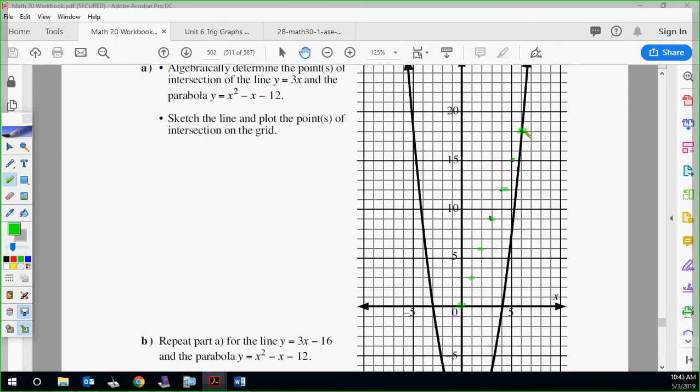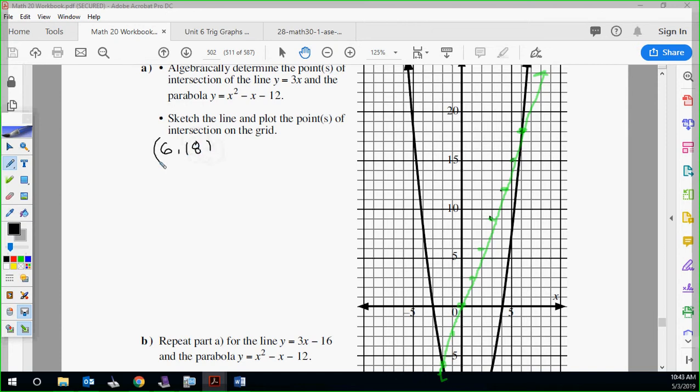So this right here is the intersection point, and if we go the other way, it's right there. It's a little better. So you can see the two intersection points. Just from graphing it, your intersection point looks like it's 6, 18. So 6, 18 is an intersection point for my drawing.